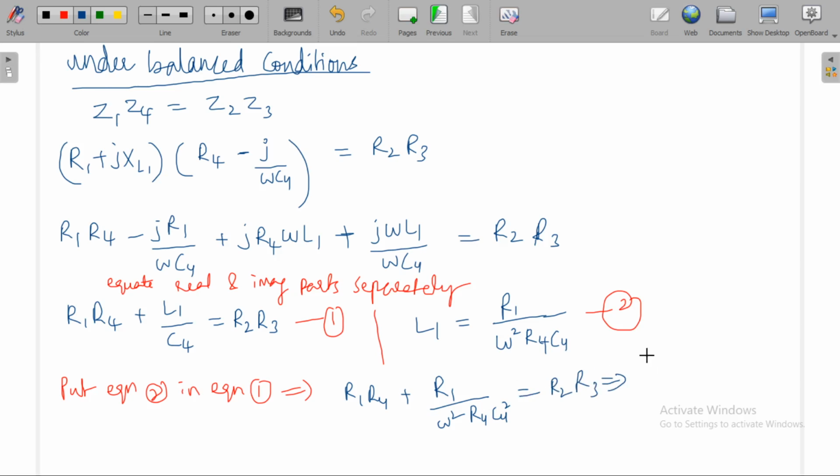From this you are going to get R1 is equal to omega square R2 R3 R4 C4 square by 1 plus omega square C4 square R4 square.